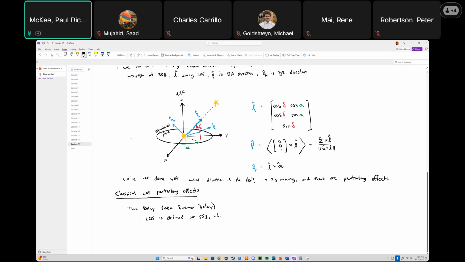But what if the spacecraft, because remember, we're assuming this is a star tracker on a spacecraft. Generally, your spacecraft is not inside the sun. And if the spacecraft is closer to the star than the sun or further away from the star than the sun, there might be some type of a perturbing effect. So what if the spacecraft is ahead or behind?